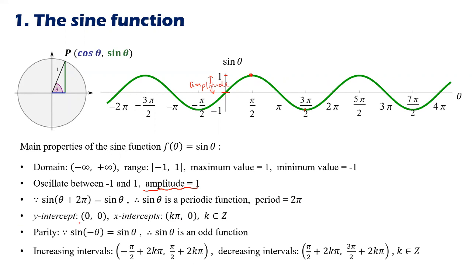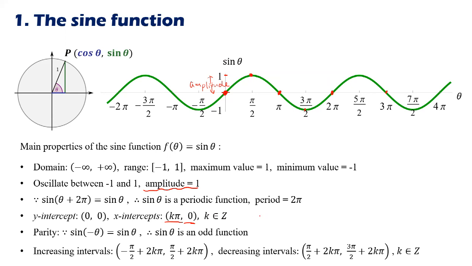Okay, y-intercept. Of course, when x is 0, y is 0. X-intercepts, that means all the points where the y-coordinate is 0, right? So there are an infinite number of x-intercepts. And we can use an expression to express the x-intercepts, which is (k pi, 0). That means when x is k pi, y is 0. k belongs to the integers.